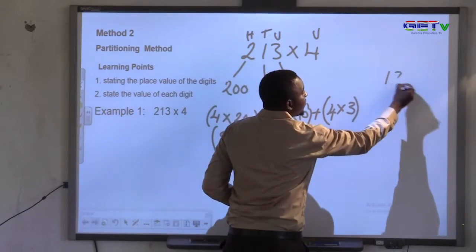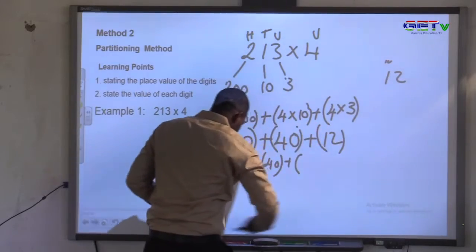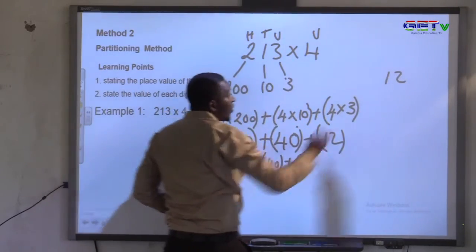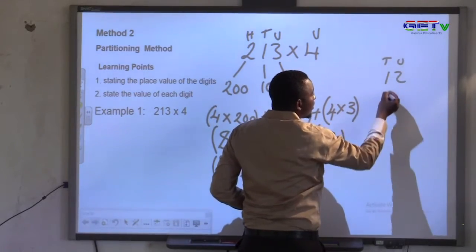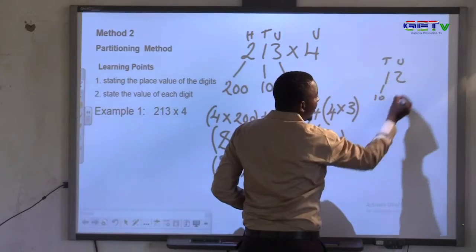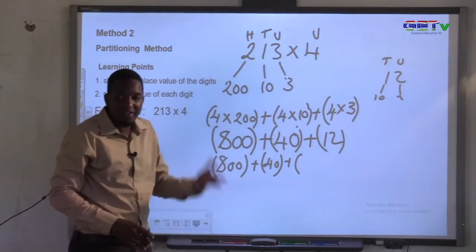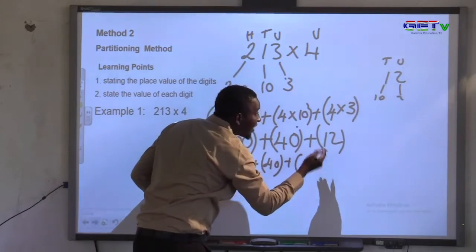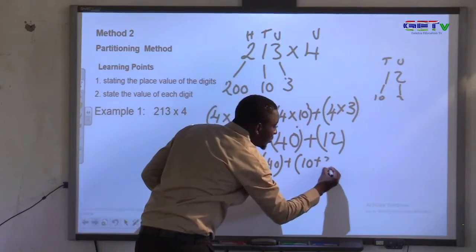We have 12, the 1 is under the 10th column and the 2 under the unit column. So the value of 1 here is 10 and the value of 2 is just 2. So we are going to separate them using the idea of their values. So instead of writing it as 12, we are going to write 10 plus 2.